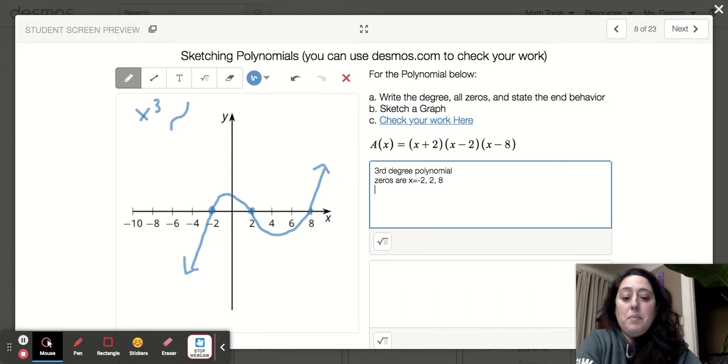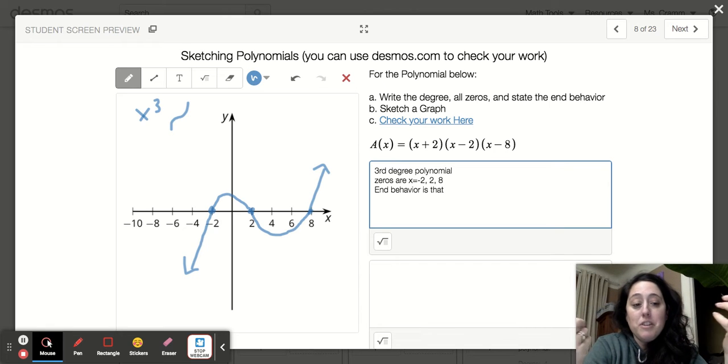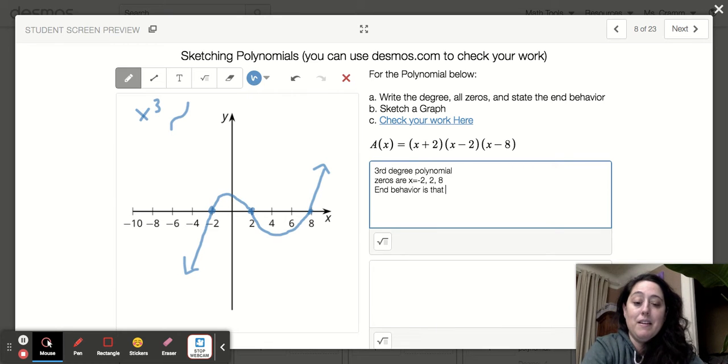And the end behavior, I'm going to use user-friendly language here. There is notation that we're going to get through, but on your test, if you can just say that it starts down and ends up, that's fine.